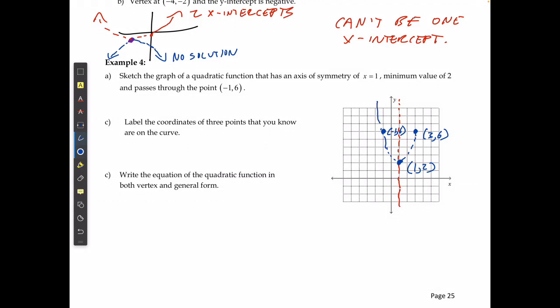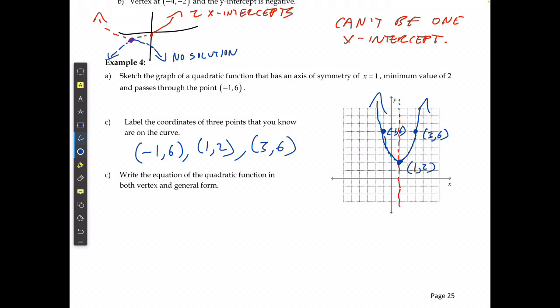And then I can extend this out further. So the 3 points that I know for certain are going to be -1 and 6, 1 and 2, and 3 and 6.